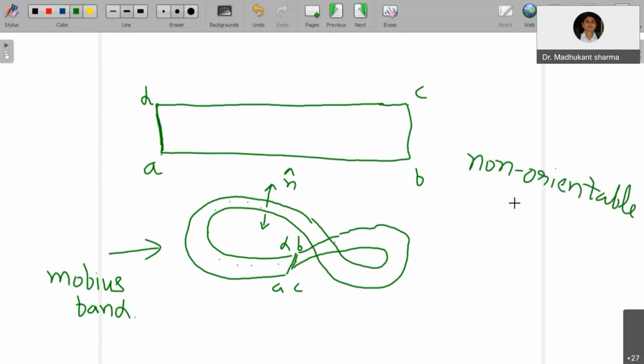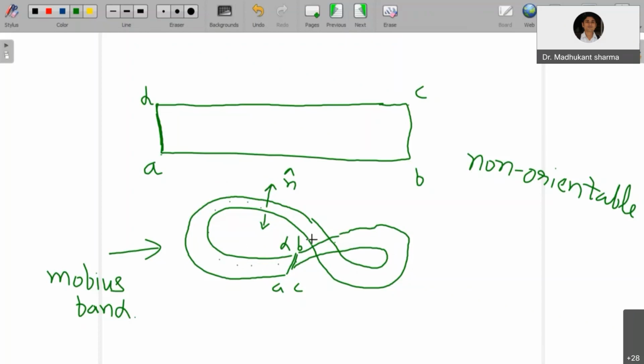You can take this pen cap as your pencil. Make a Mobius band, take a pencil and draw the perpendicular, and when you go everywhere in a continuous manner, you will get the negative direction, whatever the point you start with.